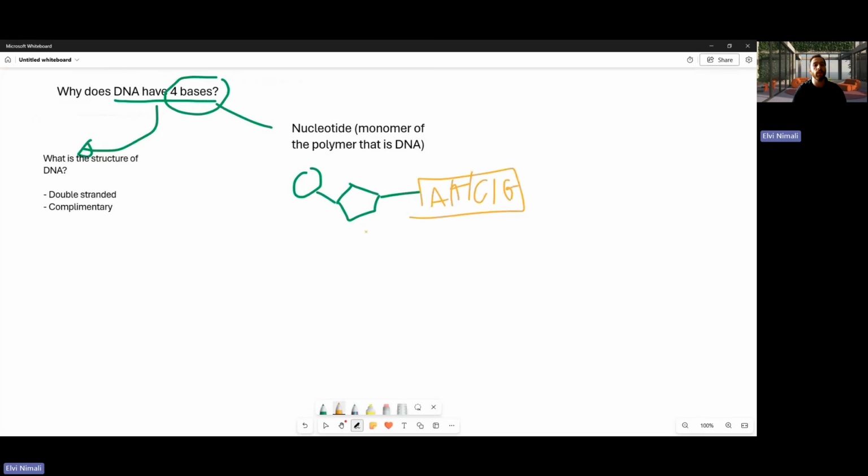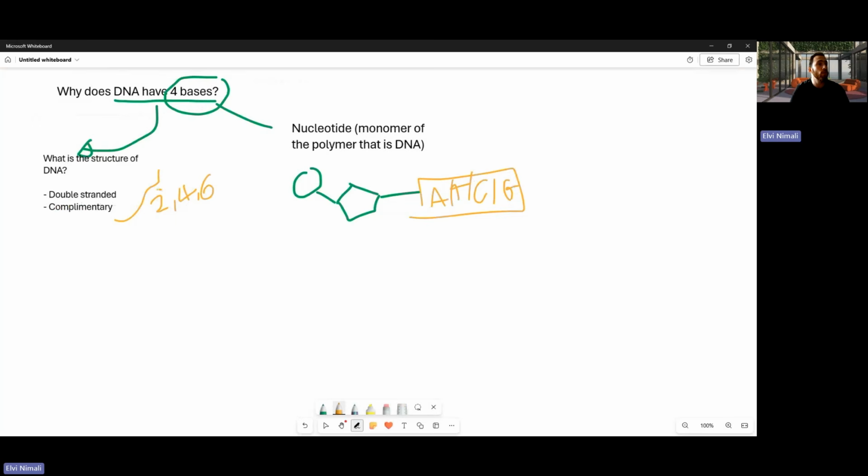So this is the necessary context behind the question. Now, why does it have 4 bases? We already established that it needs to have basically an even number, because of the fact that it's complementary. Now, why is it 4 and not 2 and not 6?